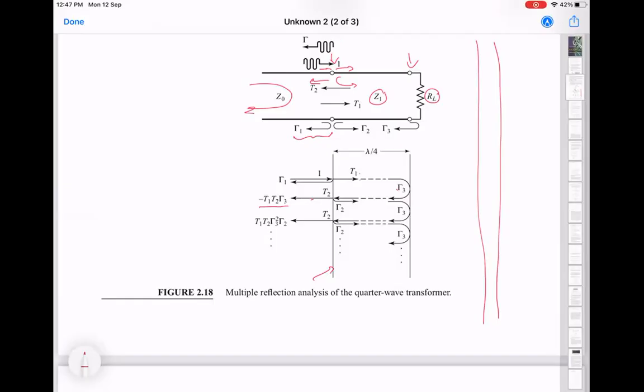So then the next one, you can see that every time you go through it, you add an extra factor of gamma 2 and gamma 3. So each successive reflection is going to give you a series like this, and you can imagine that for every successive reflection, is the magnitude going to change?